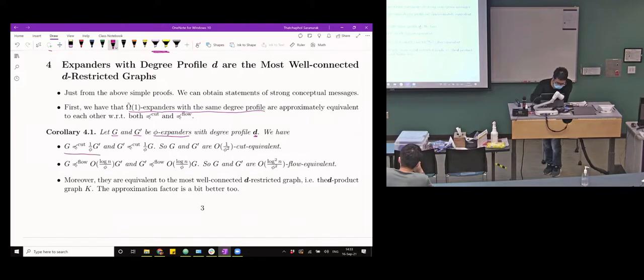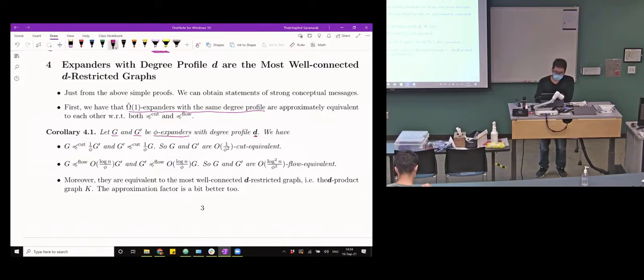why is this true? Previously, we showed that if not just G, but any graph H, which is restricted and has degree at most that of G prime, then it would be less cutwise than G prime, with a 1/5 factor here.